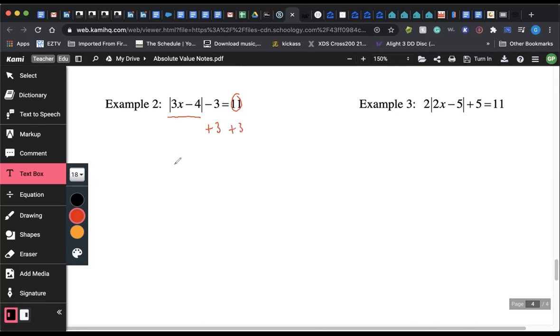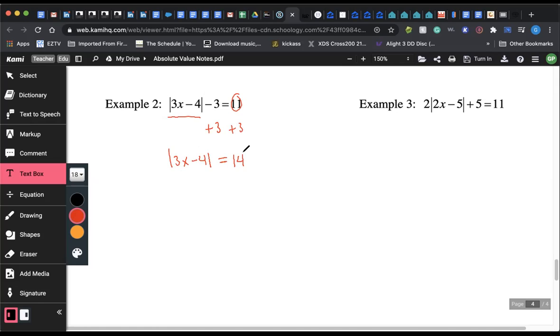And Jules already saw this on Monday. That's okay. We're just going to finish up these 2, and then we're going to move on to the other ones. So we have the absolute value of 3x minus 4 is equal to 14. Once I have the absolute value isolated on the left and the answer isolated on the right, that should be good enough, right?